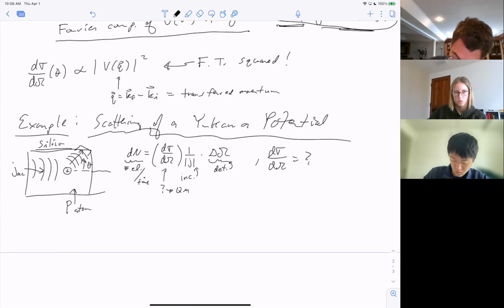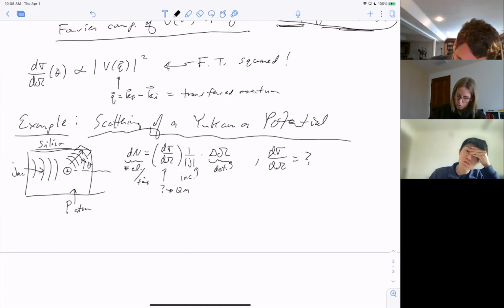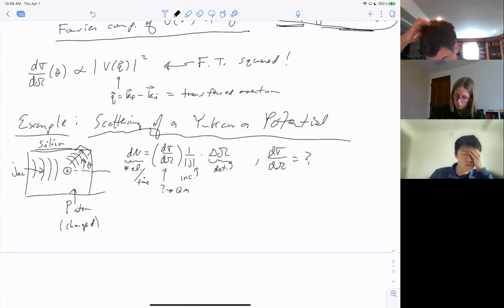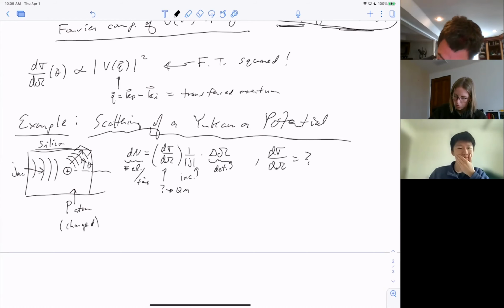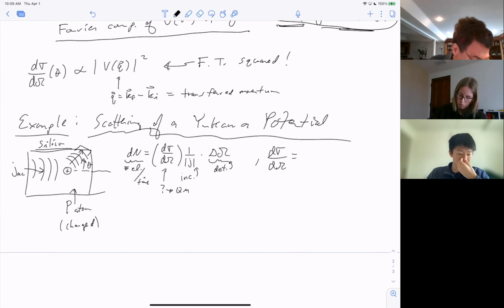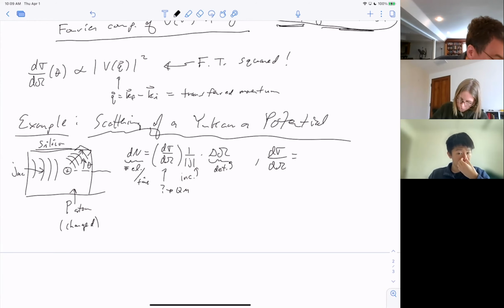Okay, well, I have this charged atom, and so the question then becomes, well, I know how to figure out dσ/dΩ because I now have the Born approximation, which we just derived, and I know it's some formula. Where's the formula? There it is.